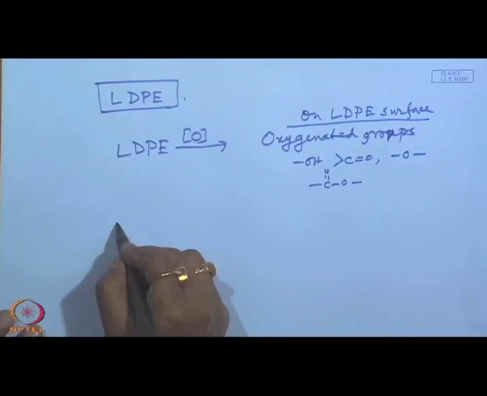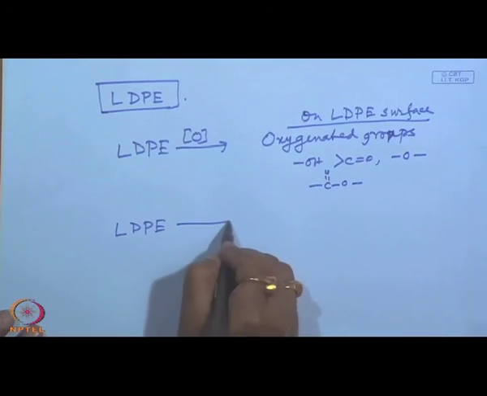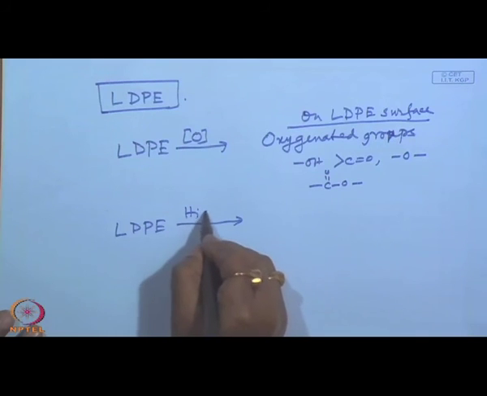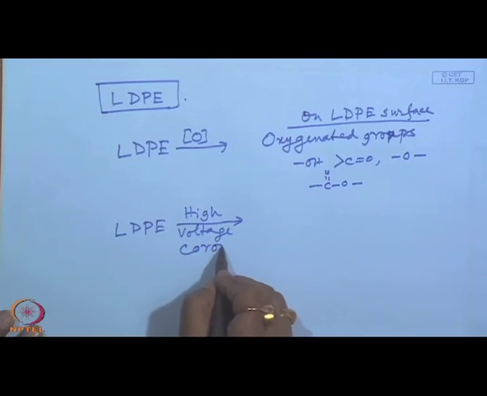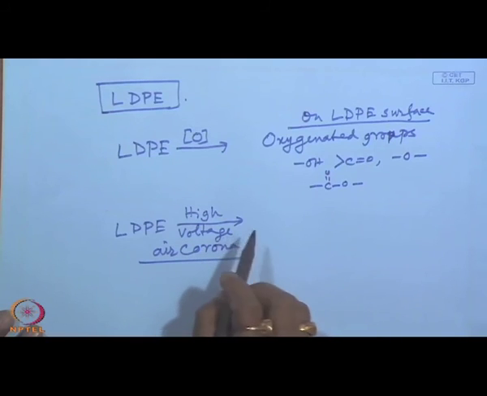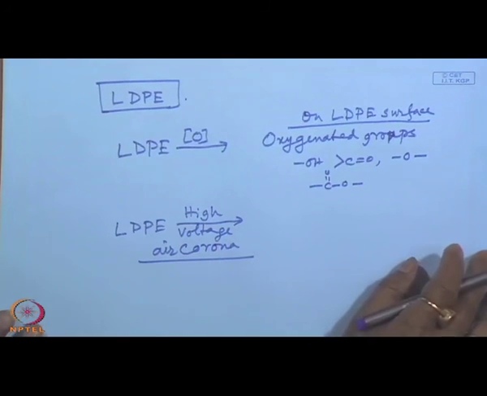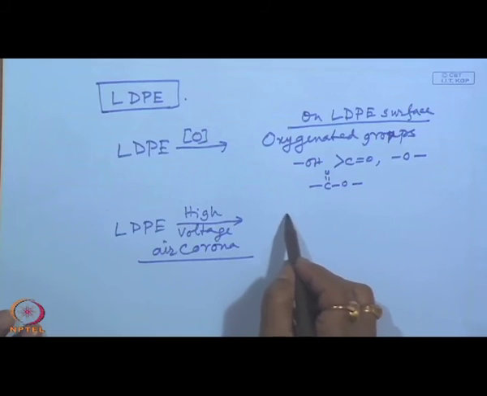So, if this LDPE can be exposed to high voltage corona, say air corona, that air contains oxygen, and highly active oxygenated species will impinge on the LDPE surface, and this LDPE surface will be oxidized.